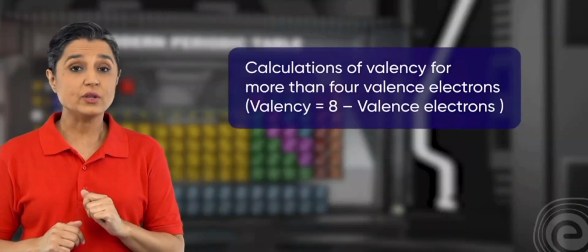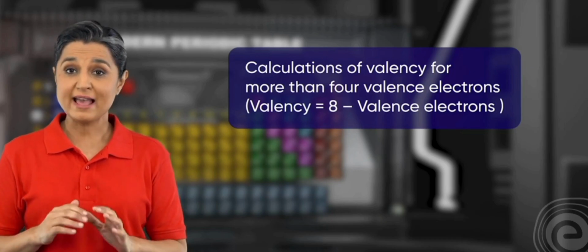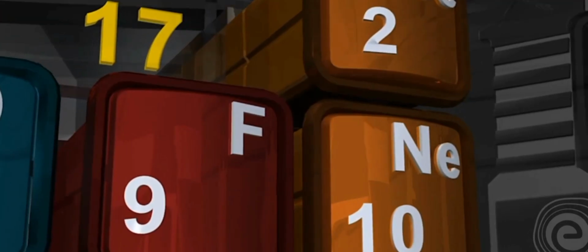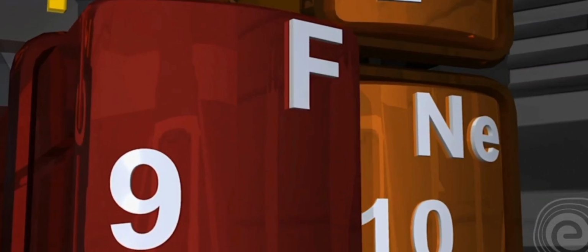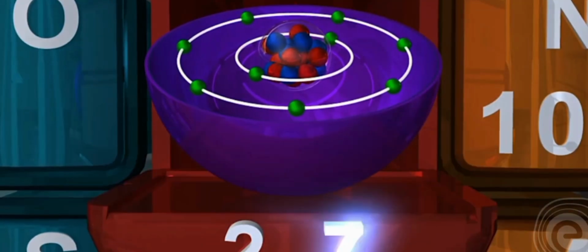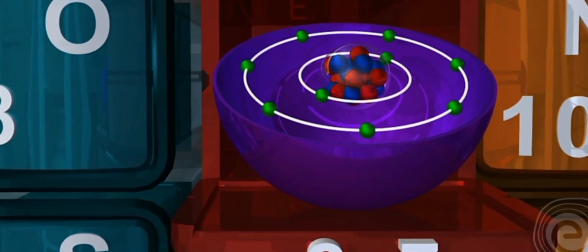Let us now calculate the valency of an atom. We will first study elements having more than 4 valence electrons. Consider an atom of fluorine with atomic number 9 and an electronic configuration of 2, 7. Fluorine thus has 7 valence electrons.